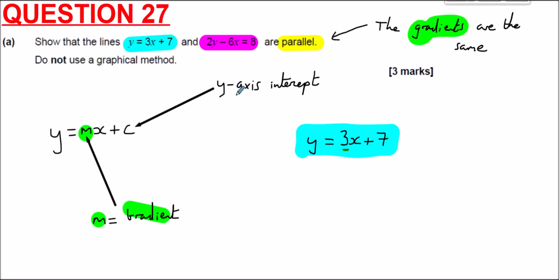So far we've got 2y minus 6x equals 8. What we need to do is get the minus 6x to the other side of the equation. Now these 6x are minus because we've got a minus sign in front of them. So when we swap sides, we swap sign and they'll become positive. And so what we'll have now is 2y equals 6x plus 8.